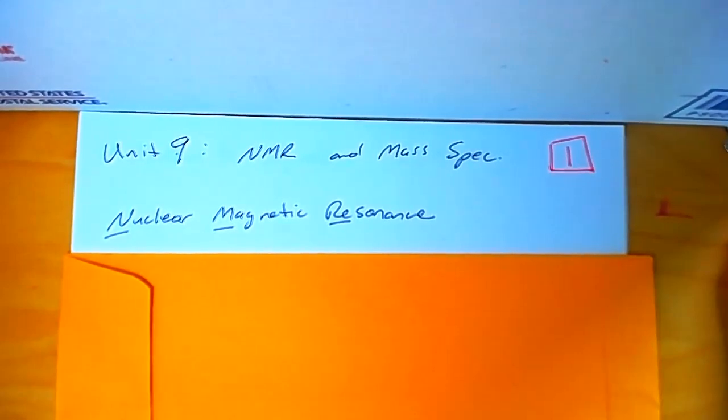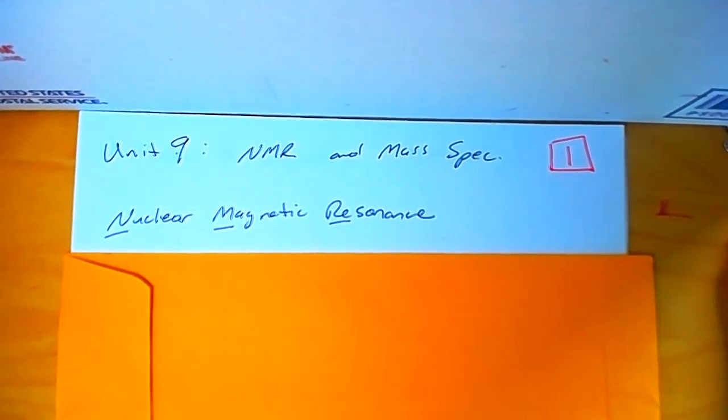Now, this particular unit deals with some pretty heavy tools that are used in chemistry to identify compounds, in particular nuclear magnetic resonance. There is a little section at the end on mass spectroscopy, but both of these fields are really almost subjects in and of themselves. Entire courses are devoted to these topics.